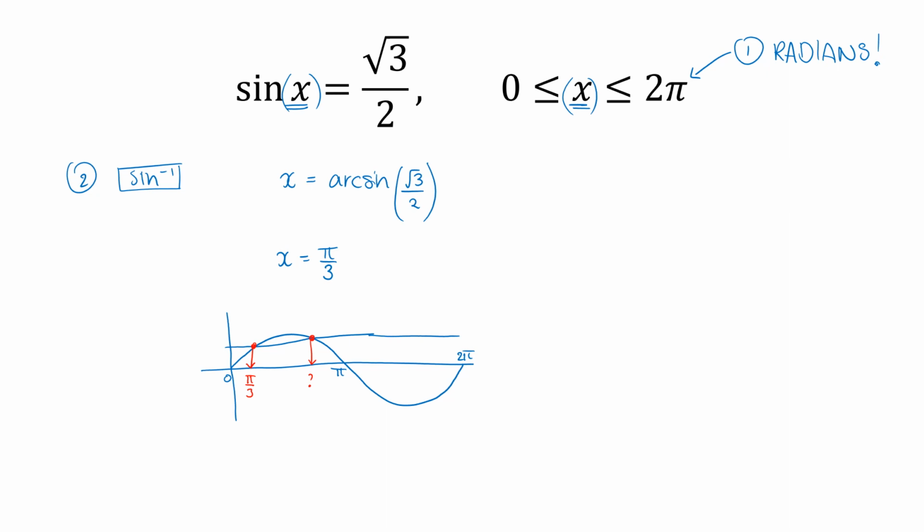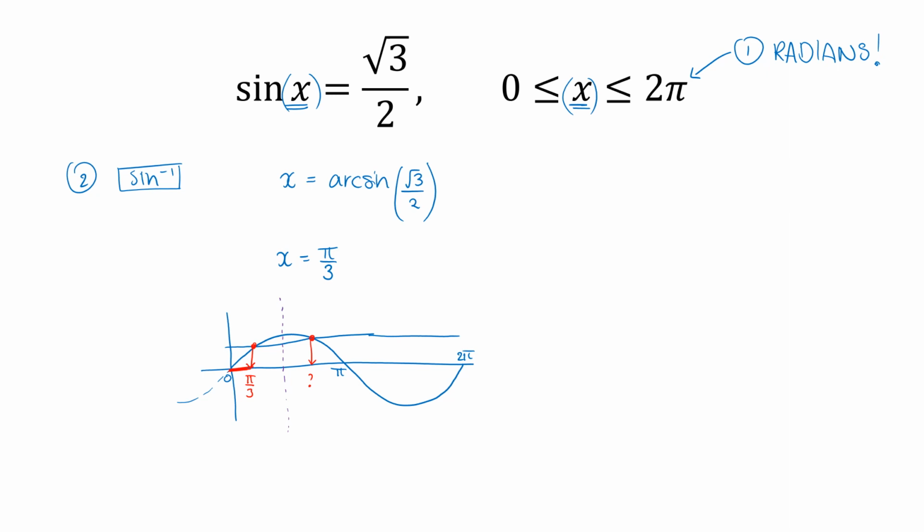I mentioned in the last video that the symmetry of these graphs is quite important, and sine has a line of symmetry at pi by 2. We're going to use this to help us figure out what the question mark is. So based on that symmetry, we can see that the gap between the origin point and this first solution, this first place the curve and the line cross, is a gap of pi by 3.